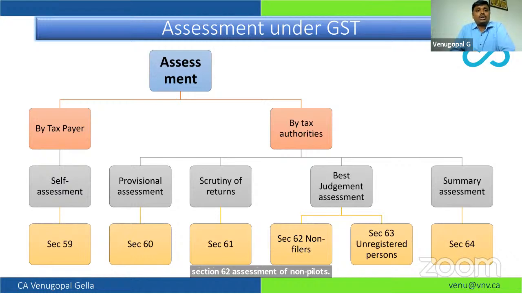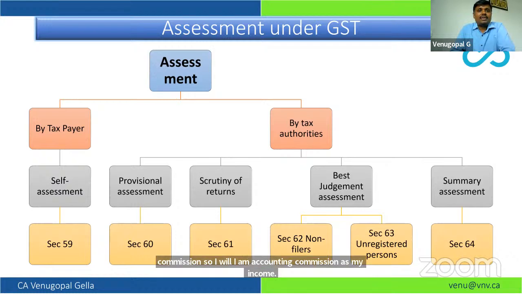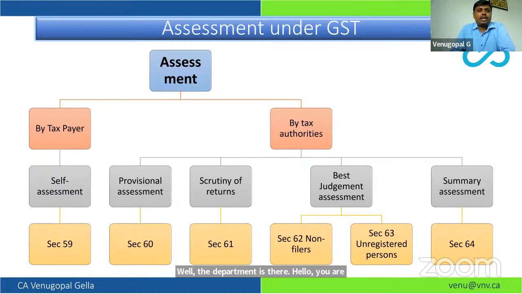Or someone who has not taken a registration. Like, I chose not to take a registration, deeming that my turnover is below the threshold limit of 20 or 40 lakhs. Say I am dealing in brokerage commission, so I am accounting commission as my income, while the department may say, look, you are looking like a principal and agent, so I will treat the gross value as turnover.